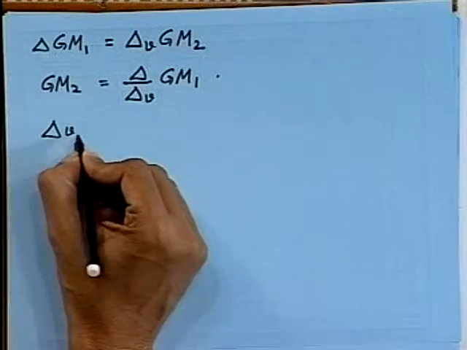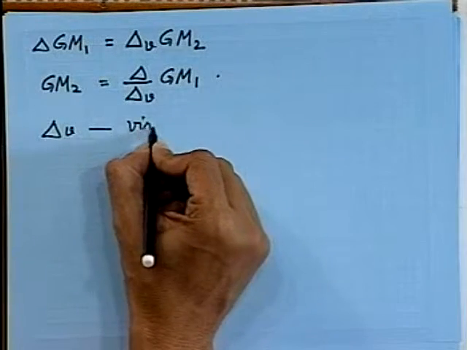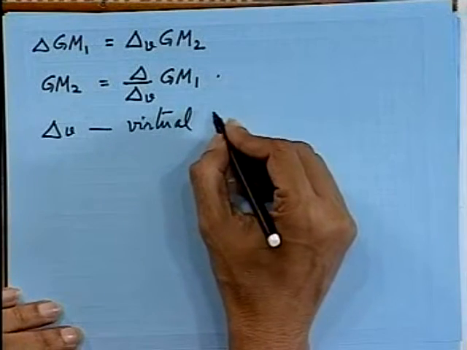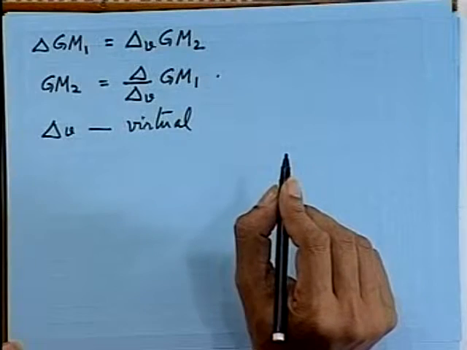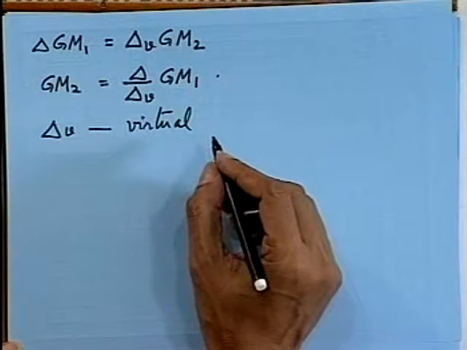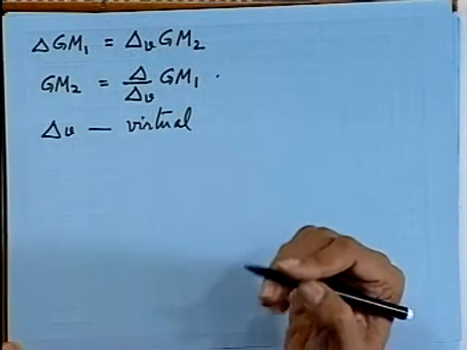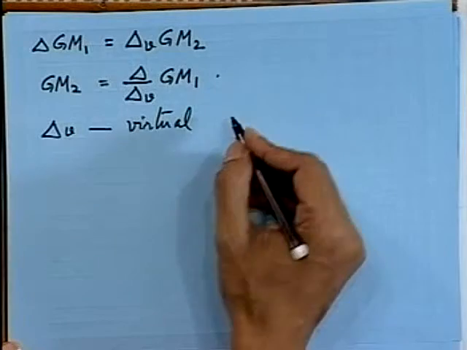Delta V is the displacement, or you can call it virtual displacement. Why is this called virtual? Because the water that has gone inside the ship, although we are treating it as an addition to the weight, actually has communication with the outside sea. That is why we are saying this is a virtual addition.